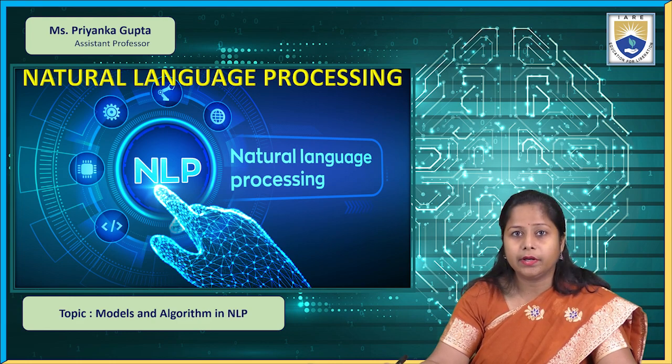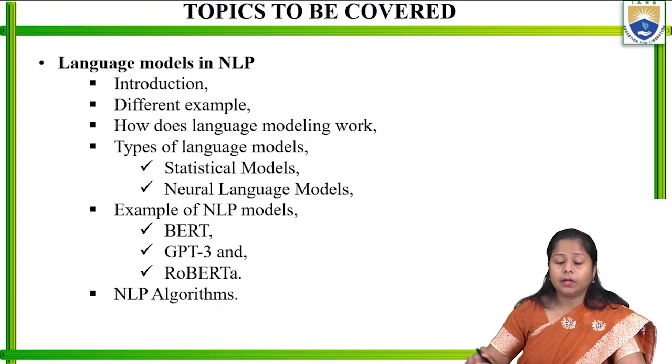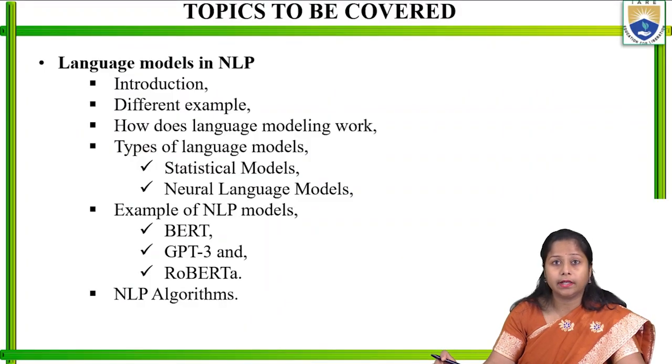Today I'll cover models in NLP. In the next class, we will cover the algorithms. I am going to cover the language model in NLP, the introduction, different examples, how we can understand what a model actually is, how language modeling works, and the types of language models.